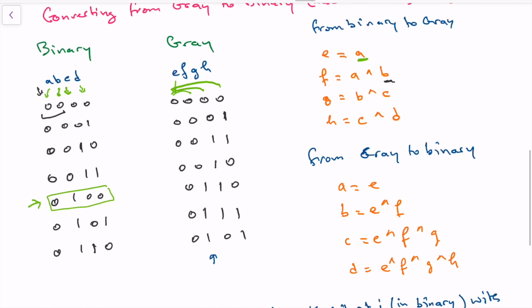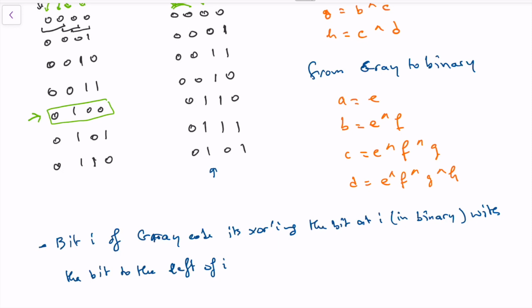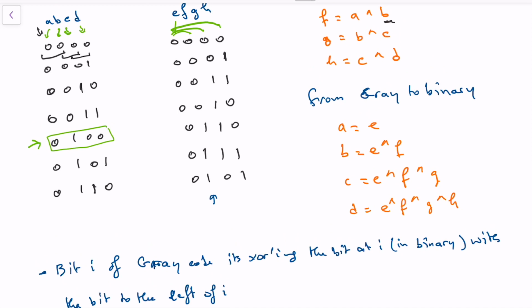Then for G we XOR B and C, the value here and the one left of it. For H we XOR D and the value left of it. So the bit I of the gray code is just XORing the bit at I in binary with the bit to the left of it.